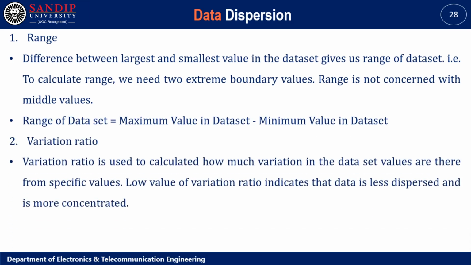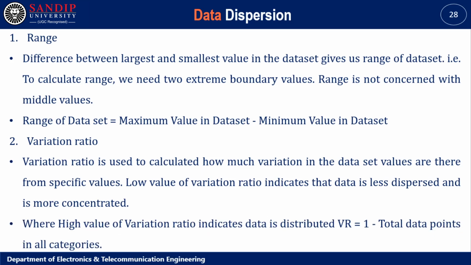Variation ratio is used to calculate how much variation in the data set values there is from a specific value. A low value of variation ratio indicates that data is less dispersed and more concentrated, whereas a high value indicates data is distributed. That is, VR is equal to 1 minus the frequency of the modal category divided by total data points in all categories.